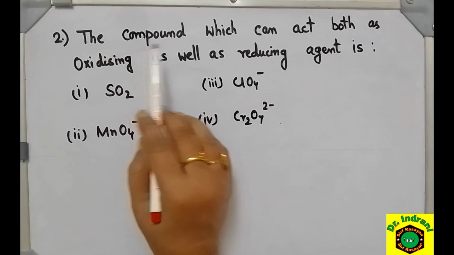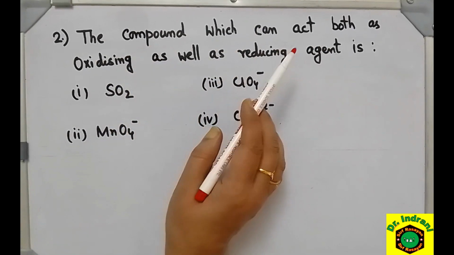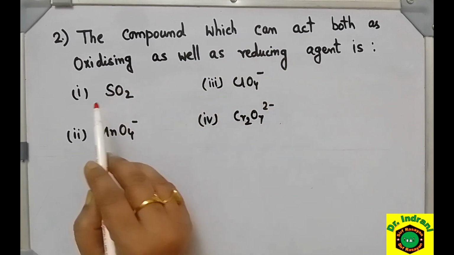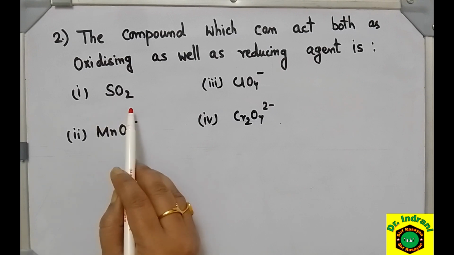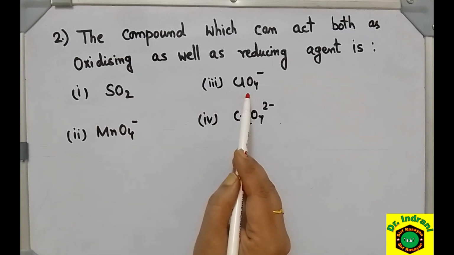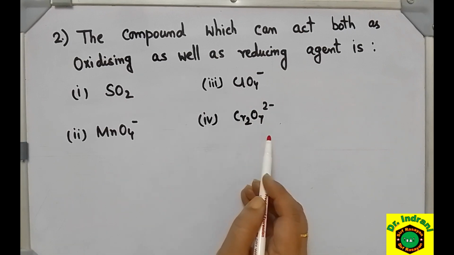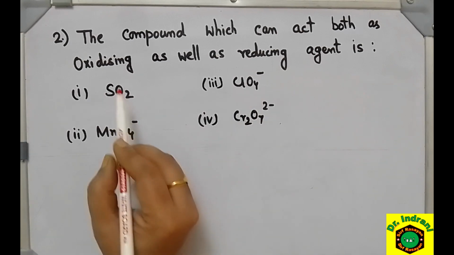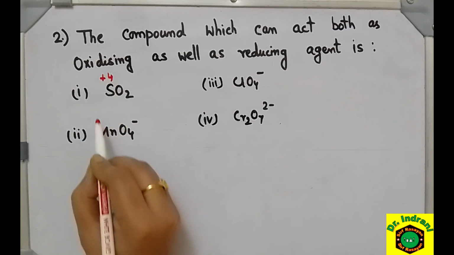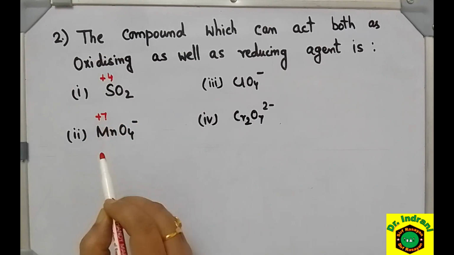Next question, the compound which can act both as oxidizing as well as reducing agent is, 4 options are there: sulfur dioxide, permanganate ion, perchlorate, dichromate ion. Okay, so for sulfur dioxide, oxidation state is +4. For permanganate, oxidation state is +7.